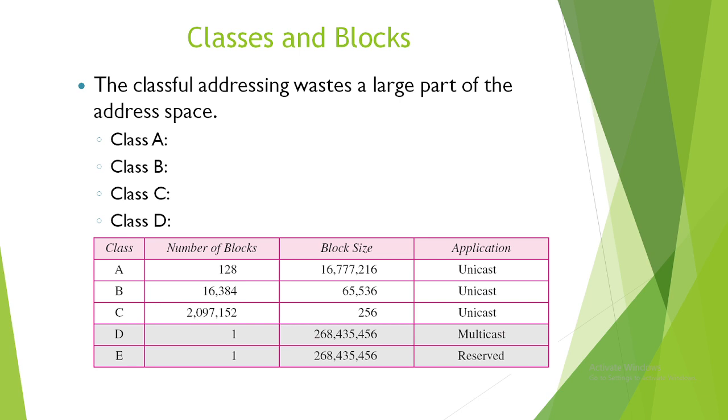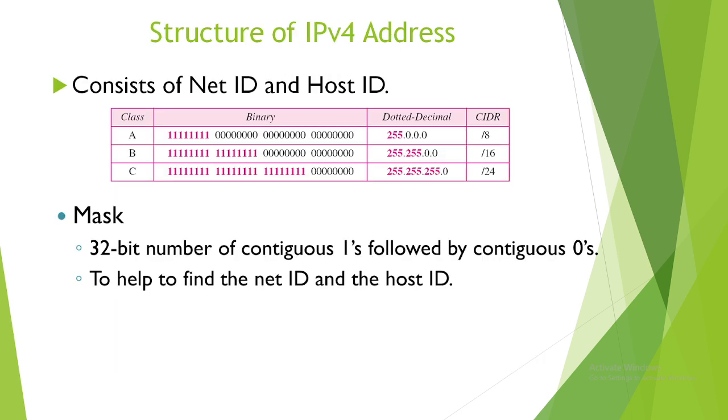Class C has a block size of 254, and the application is unicast. Class D is multicast, and Class E is reserved.